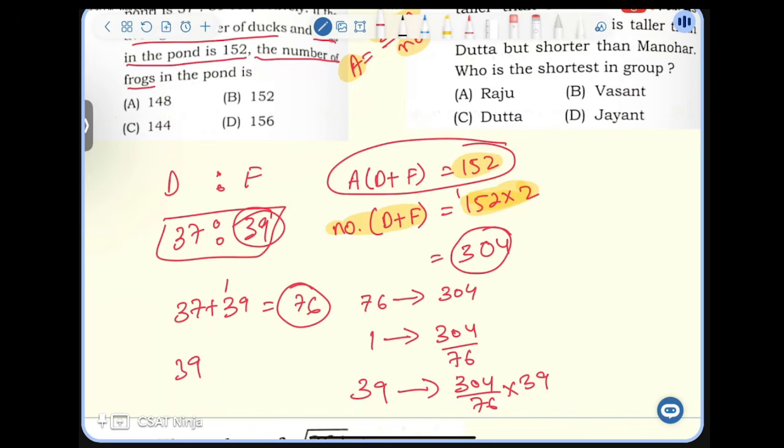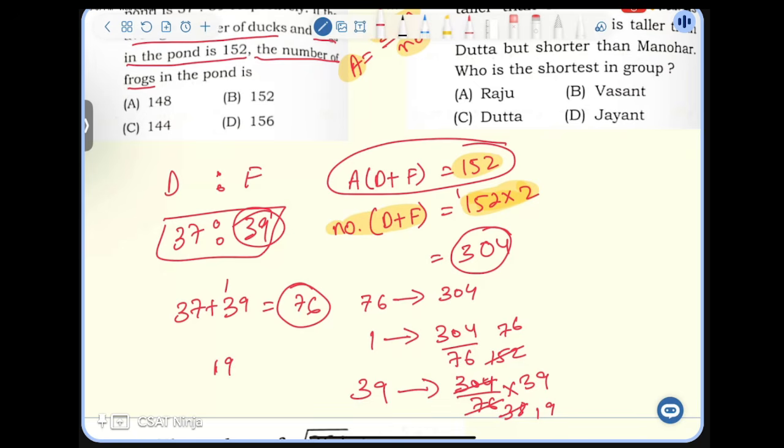Let's cancel this one. 76, I'll just cancel with 2 easily. So we are getting that. Can we do it further?